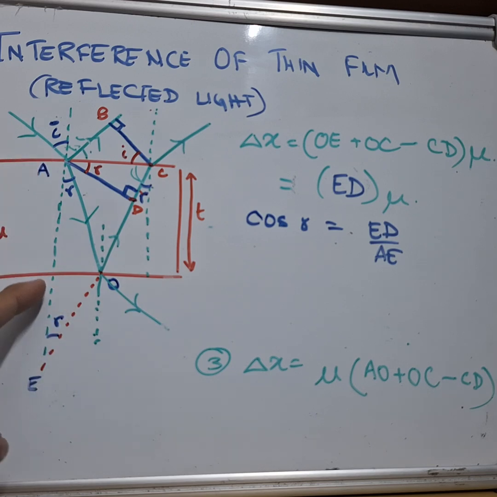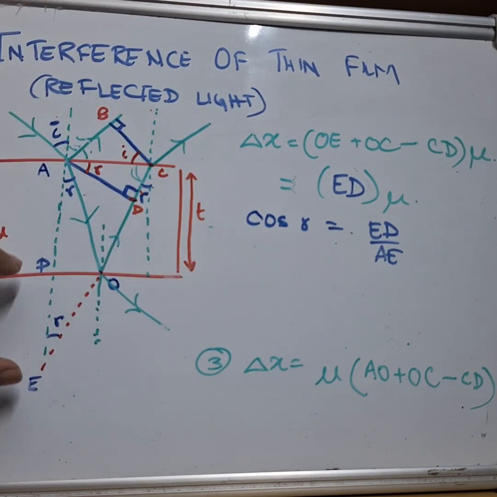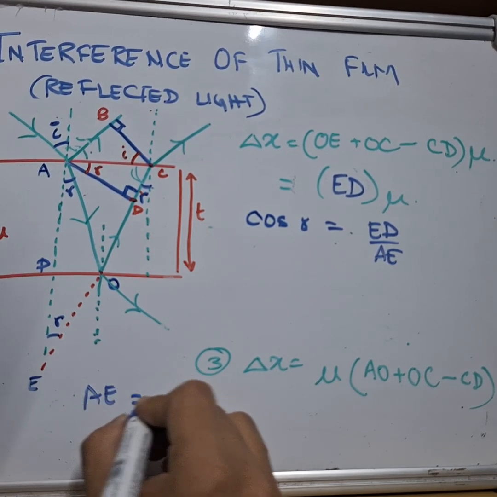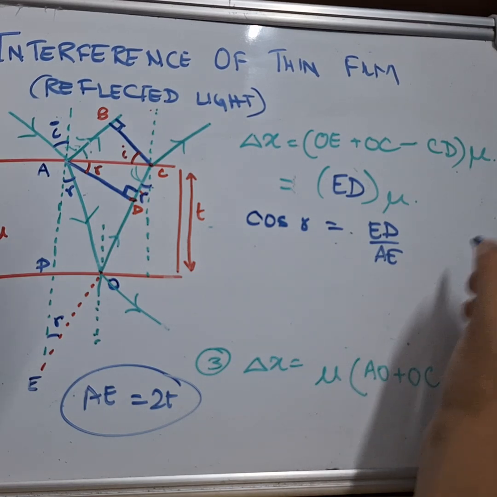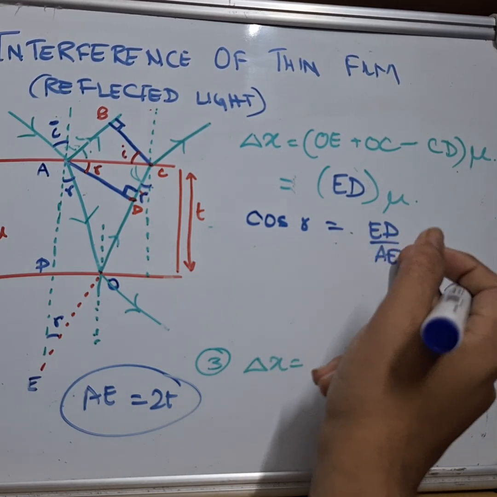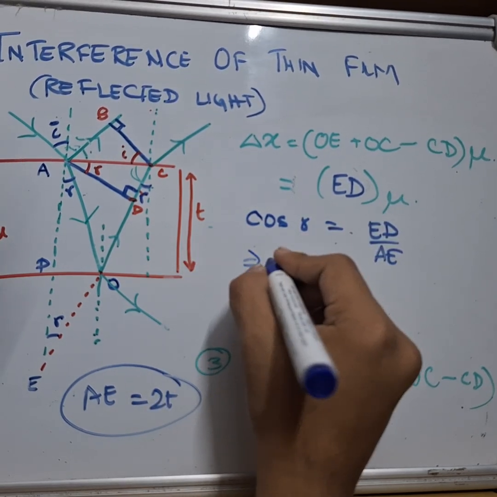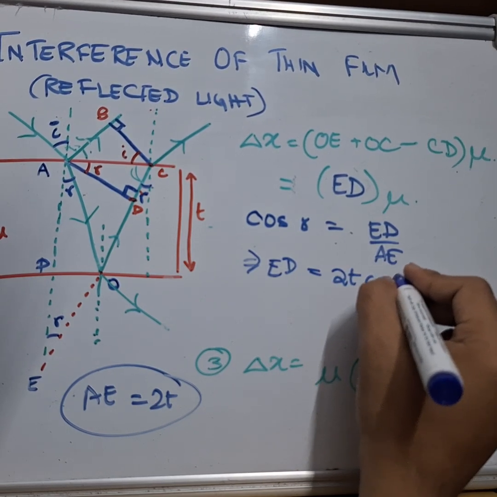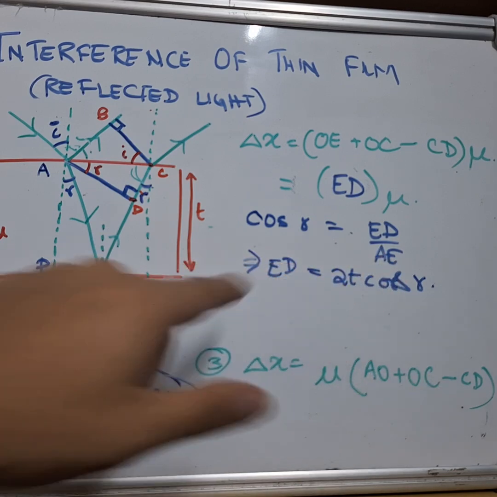Now by the isosceles triangle rule, this is the perpendicular to the base. Let's name this one P, AP is t. By symmetry we can say that PE equals AP, so AE equals 2t, right? Now ED equals AE cos r, so we can write ED as 2t cos r, because we substitute AE as 2t.